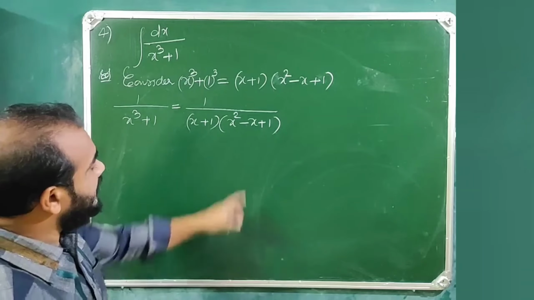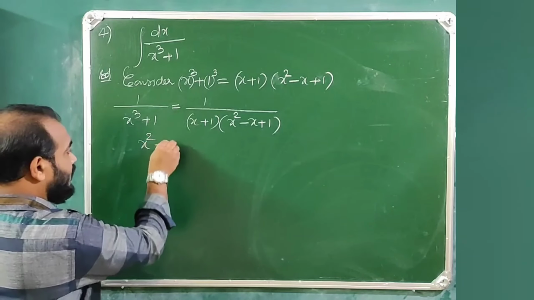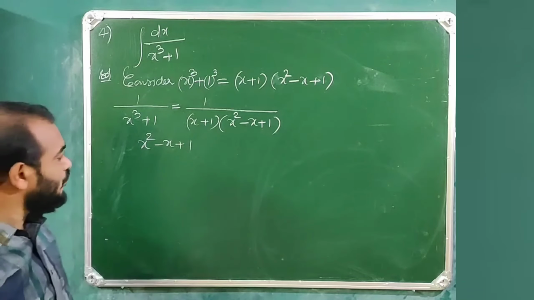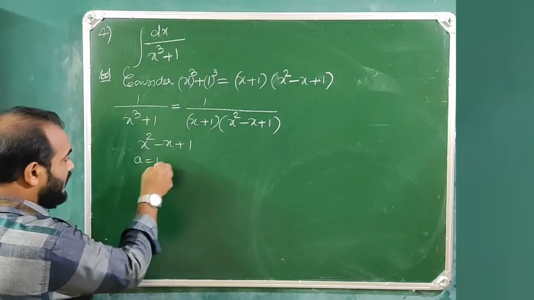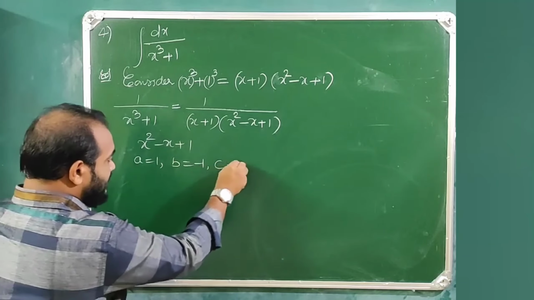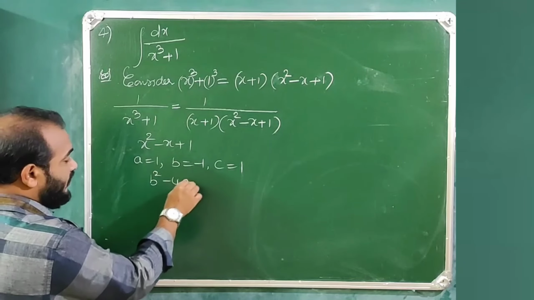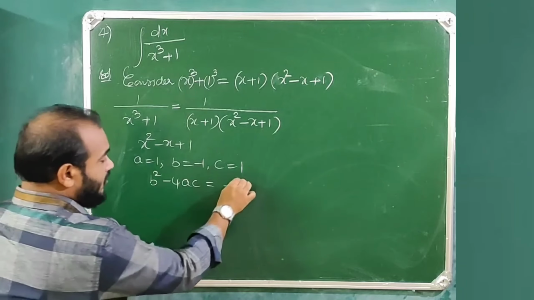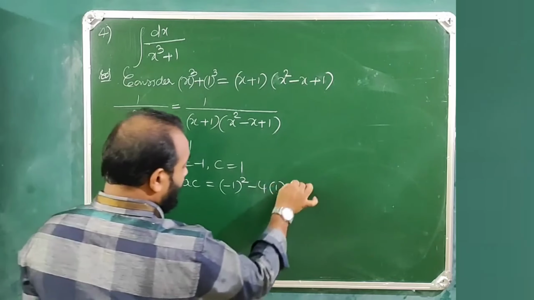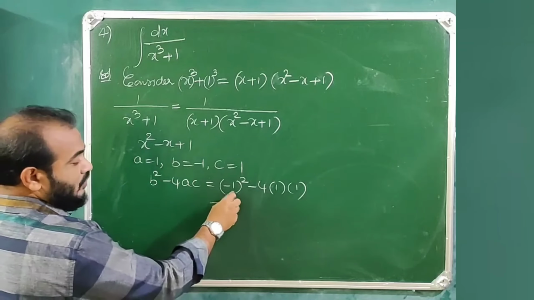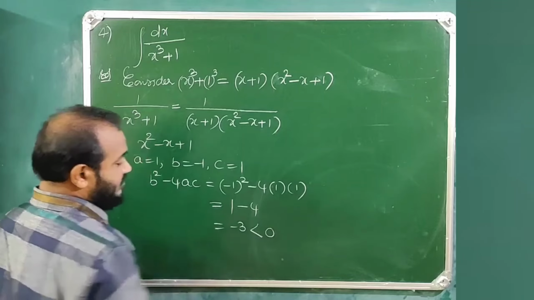So let us first take this x² − x + 1. Compare this with ax² + bx + c. So here a = 1, b = −1, c = 1. What is b² − 4ac? It is (−1)² − 4 × 1 × 1, so 1 − 4, which is −3. −3 is less than 0.